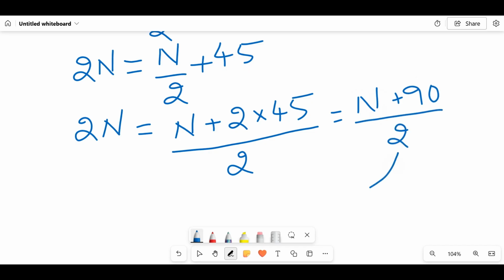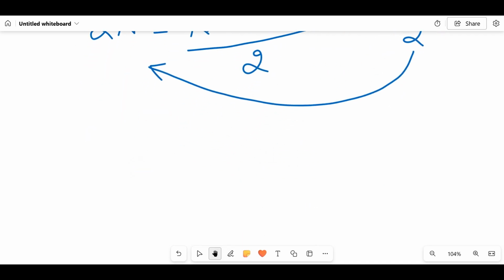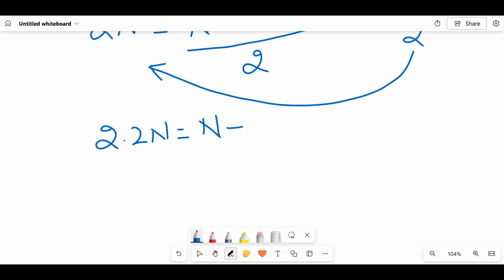This 2 I'll take to the left hand side, so it will become 2 into 2n, which is equal to n plus 90. This will become 4n, which is equal to n plus 90.